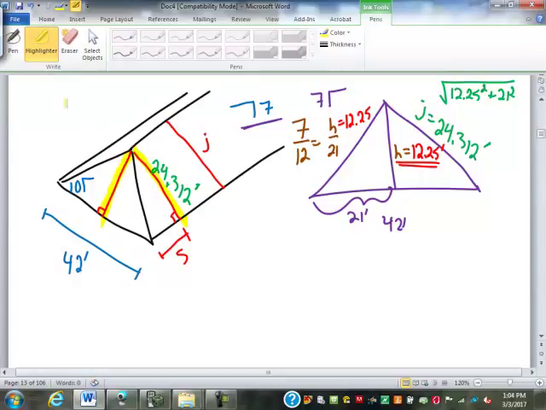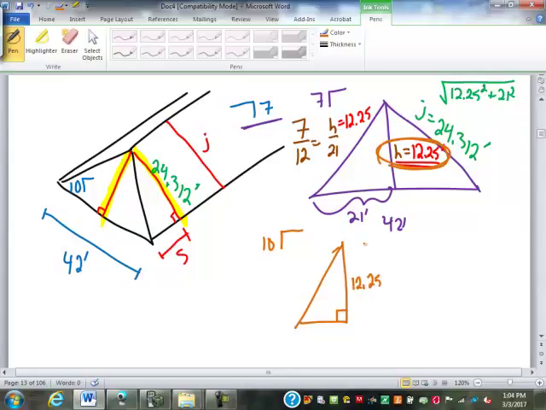To find this piece, I've got a totally different triangle I'm going to look at. It's going to look like this. What all do I know about that triangle? I know the slope is what? 10/12. Anything else I know about it? The height's 12.25.